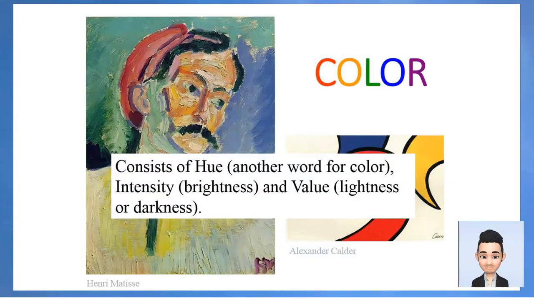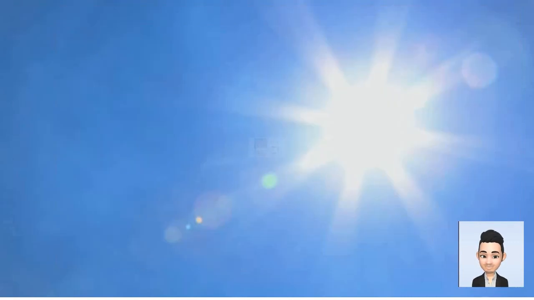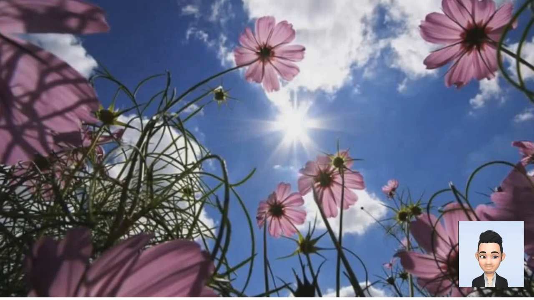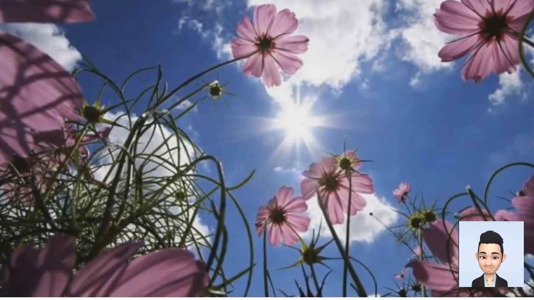So how do we see color? This is kind of a science question. What we need in order to see color is a light source to shine its beautiful rays down, and it's going to hit an object, whatever that may be. That spectrum, the light spectrum, if you remember, white light is a combination of all colors put together.